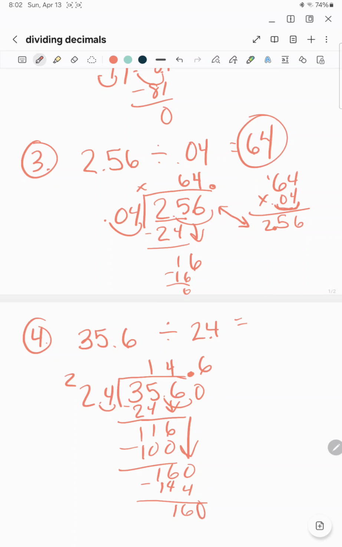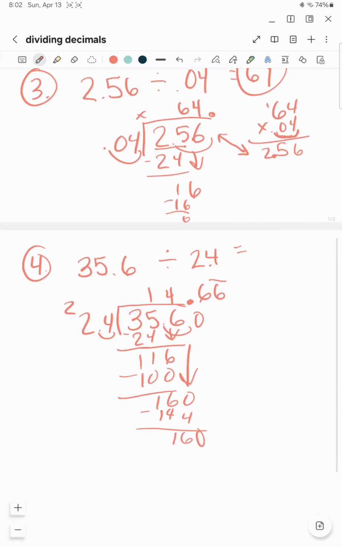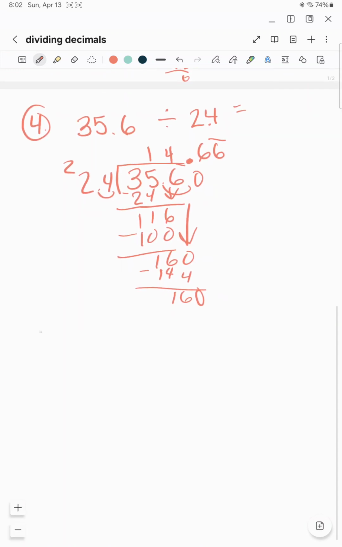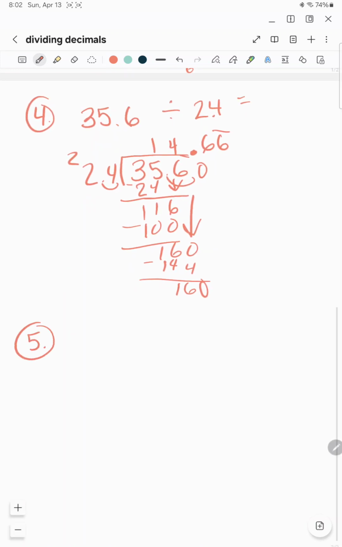And I'm seeing a repeating decimal. If I see 160 and then when I subtract I get another 160, this 6 is going to go on forever. So I know my answer is going to be 14.666666 forever. So I'm going to stop there. Hopefully you realize that.